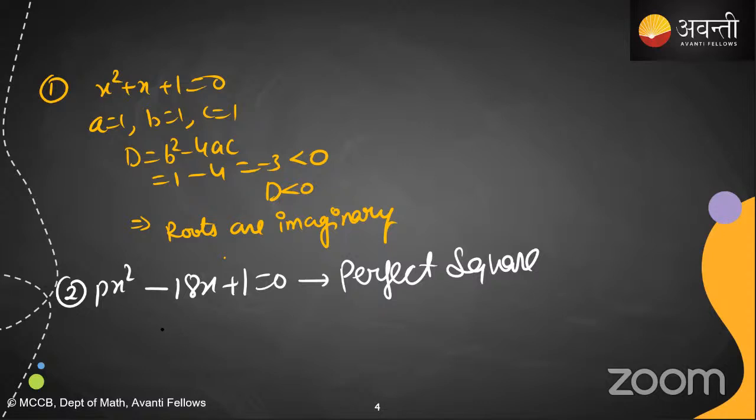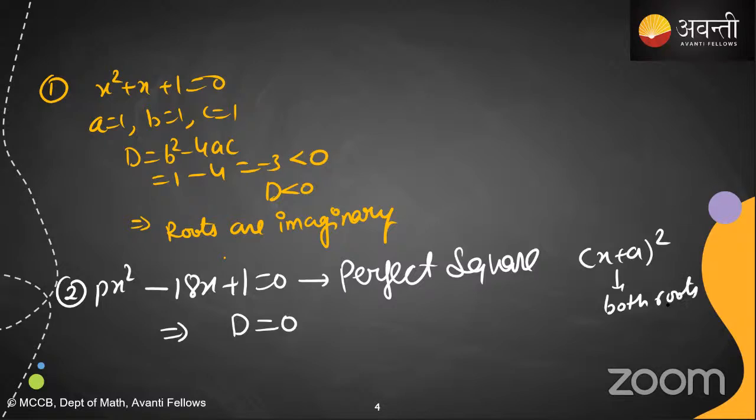If it is a perfect square, it implies the discriminant of the quadratic equation is 0. Then only the quadratic equation can become a perfect square. Yes or no? क्योंकि perfect square बनाओगे तो इसका मतलब इसको x plus a whole square type का कुछ लिखोगे. And both roots are equal. Yes or no? Perfect square बनता है then both roots are equal, right?